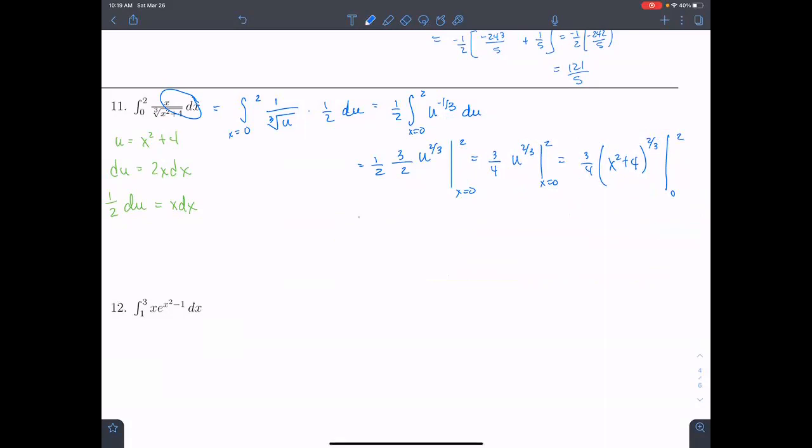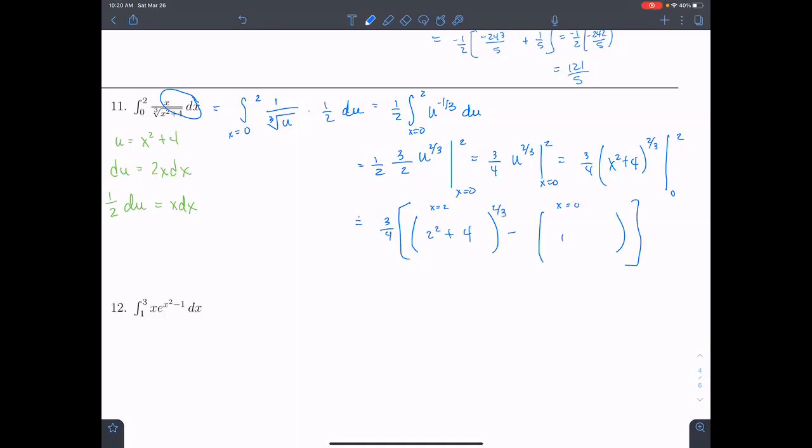So then coming back down here, I have the 3/4 on the outside, and then I'm going to evaluate with the x equals 2 here, minus this thing evaluated when x equals 0 here. So when you plug in 2, you get 2 squared plus 4 to the 2/3.